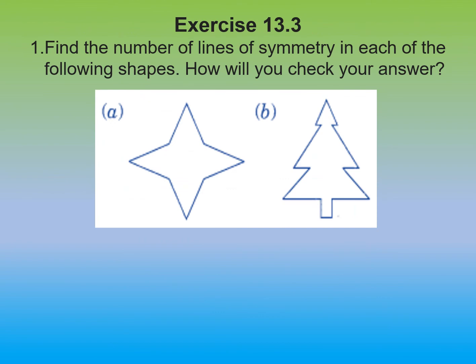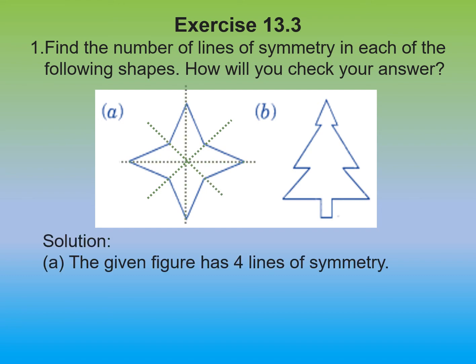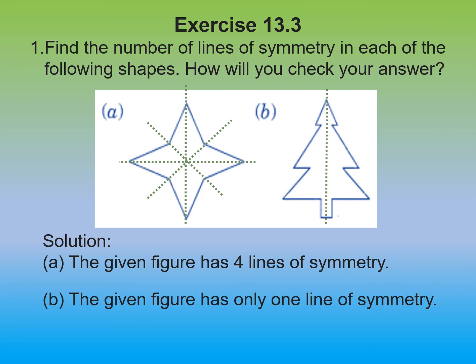Line symmetry and mirror reflection are naturally related and linked to each other. In this exercise 13.3, let us learn more about reflection and symmetry. See the first question, we are asked to write how many lines of symmetry there are. The first one we have 4 lines of symmetry, and the second one we have only 1 line of symmetry.